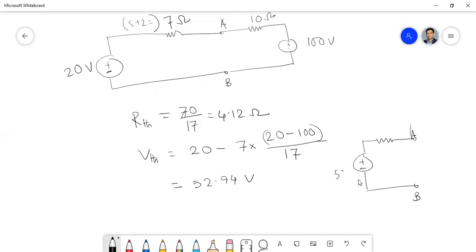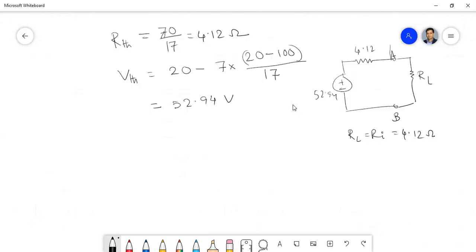This is 52.94 and this is 4.12 and that is the RL. Then as per the maximum power transfer condition, RL value will be equal to RTh, equals 4.12. So that means this is one answer.